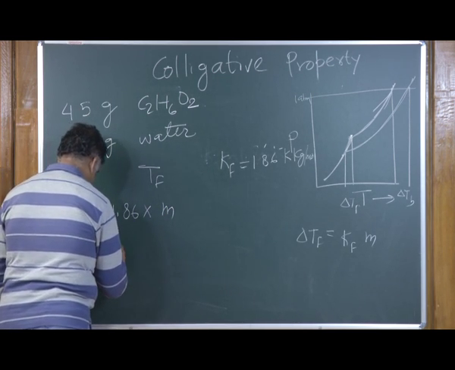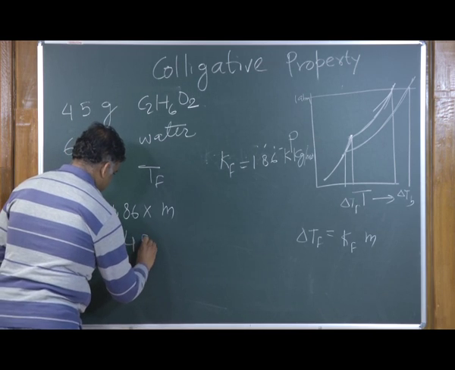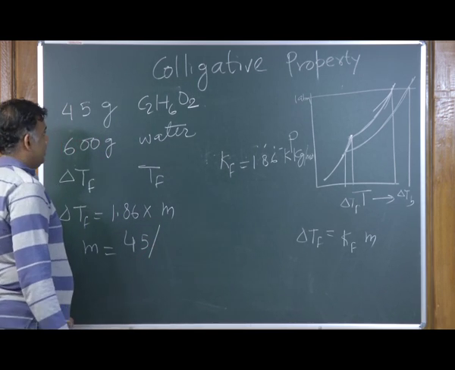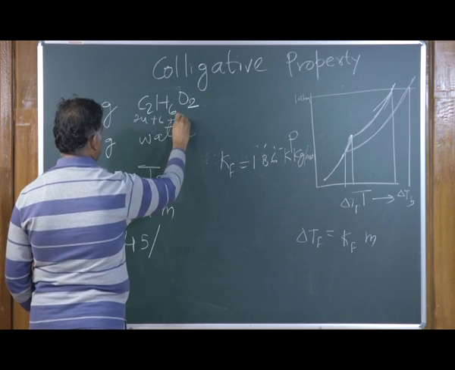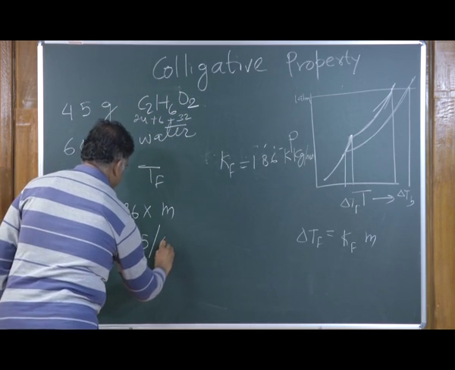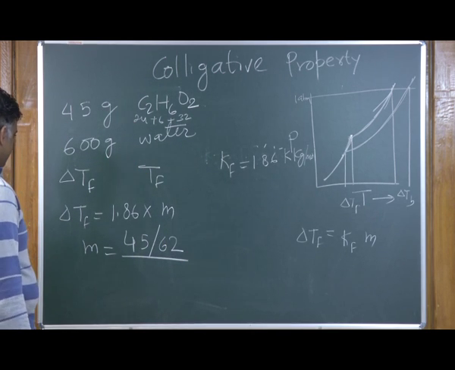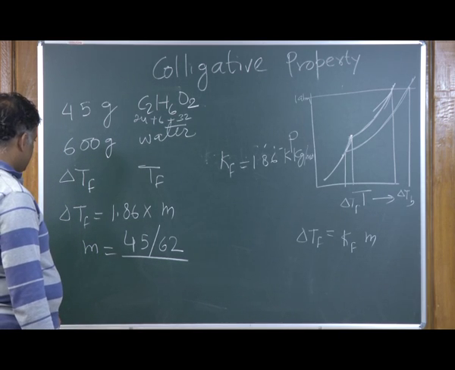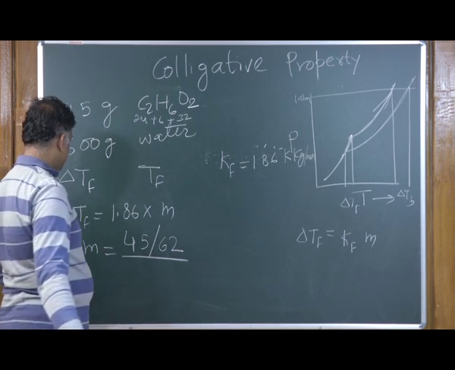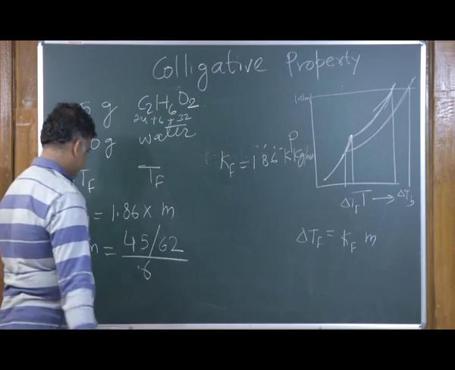Again, going by the definition, molal concentration is moles of solute divided by the weight of solvent in kg. So, moles of solute would be 45 gram divided by molecular weight. So, molecular weight is 24 plus 6 plus 32, that is 62. So, that is 0.6 kg of solvent.